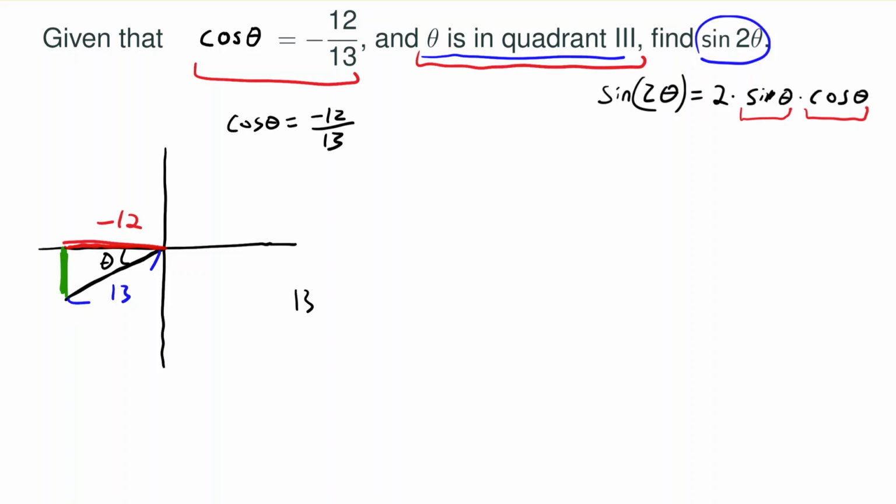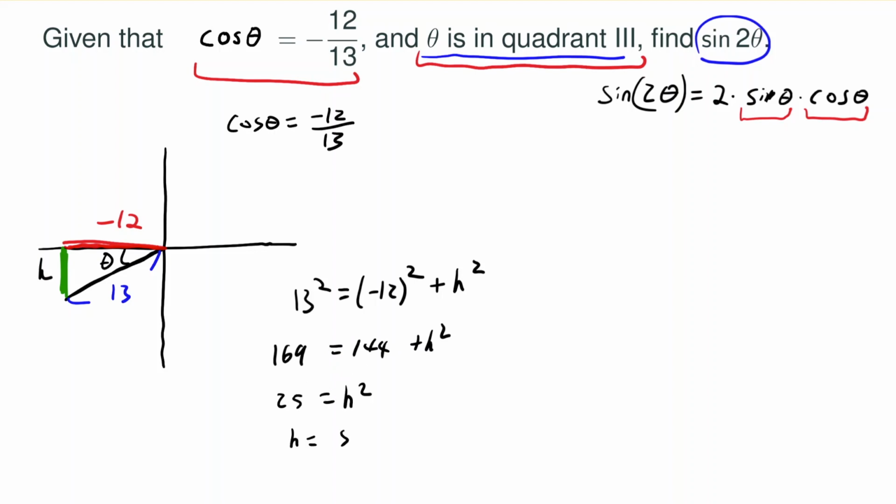We know that 13 squared equals negative 12 squared plus, let's call this h squared. This is 169 equals 144 plus h squared. Subtract 144 from both sides. I get 25 equals h squared. So then h can either be positive 5 or negative 5.